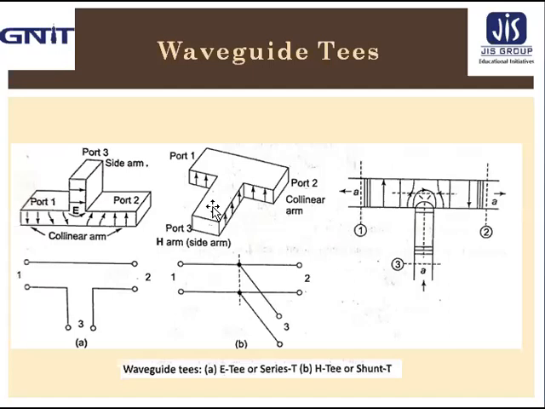The two basic types are the E-plane T, that is the series T, and the H-plane T, that is the shunt T, connected as shown in this figure.